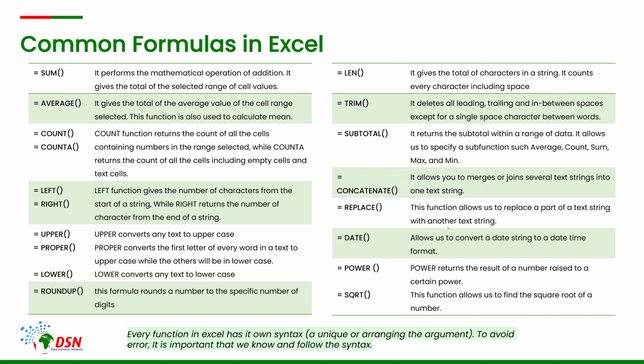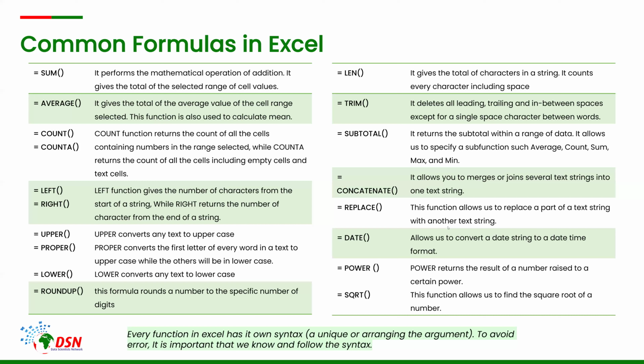There is round and there is round up. It allows you to specify the number of decimal places or significant figures that you want. Then we have length. The LEN is for length. It counts the number of characters or symbols in a string.